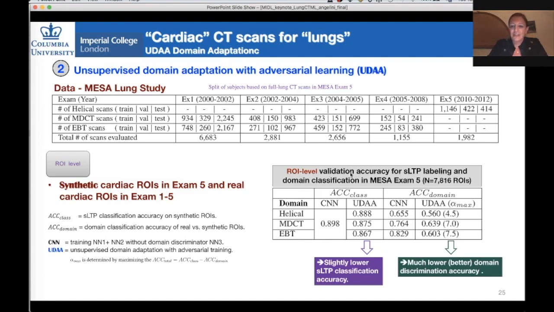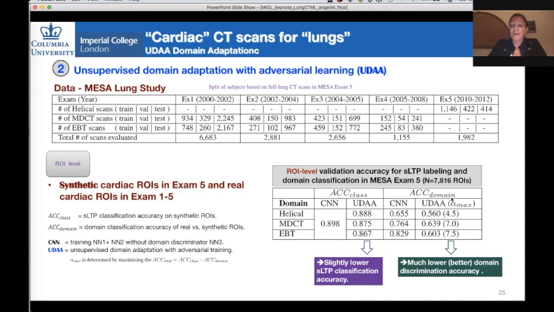So at the ROI level, validation accuracy for SLTP labeling and domain classification in MESA exam 5 led to the following, and there are 2 things that we learn here. If you look at the classification accuracy, adding a domain adaptation to the labeler pipeline leads to a slight decrease in SLTP classification accuracy, using again our supervised ground truth cohort.